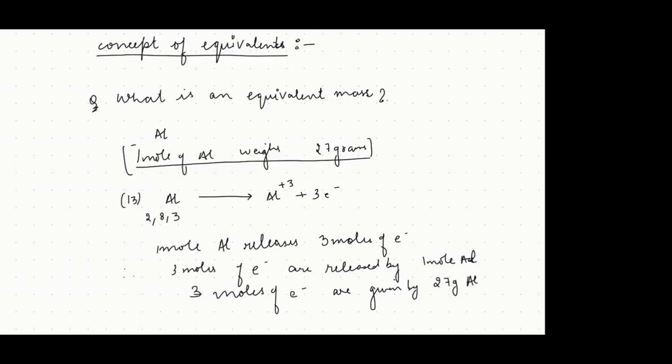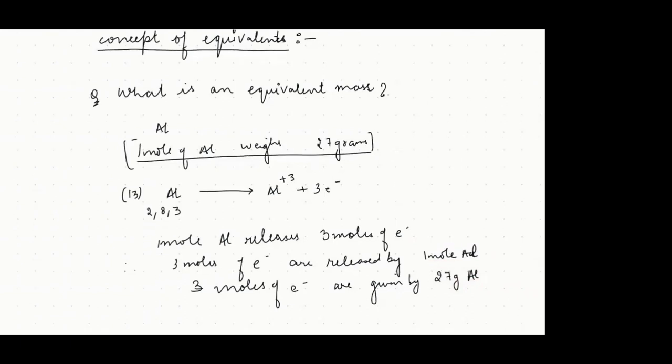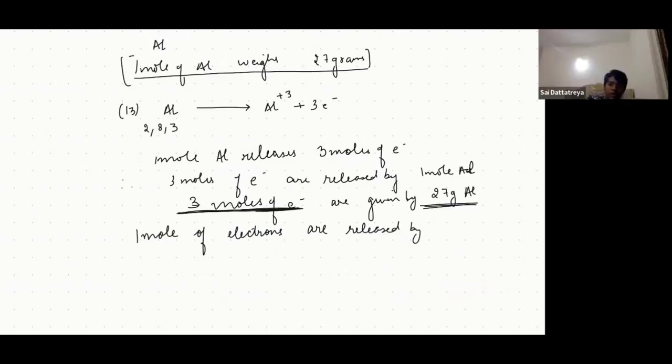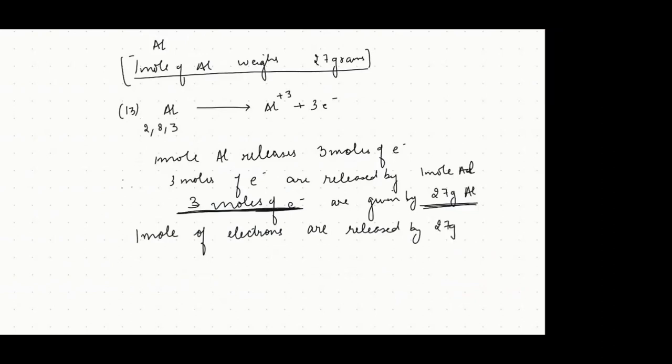So you have to calculate how much aluminium gives 1 mole of electrons. If 3 moles of electrons are given by 27 grams of aluminium, then 1 mole of electrons would be given by, how do I make 3 as 1 here? I divide by 3.